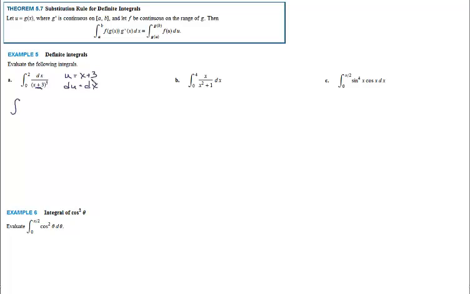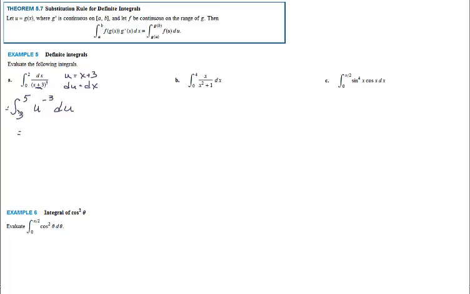So when x is 2, u is 5. And when x is 0, u is 3. So in order to have this in terms of u, I would have to change those limits of integration as well. What I have is u to the minus 3 du.